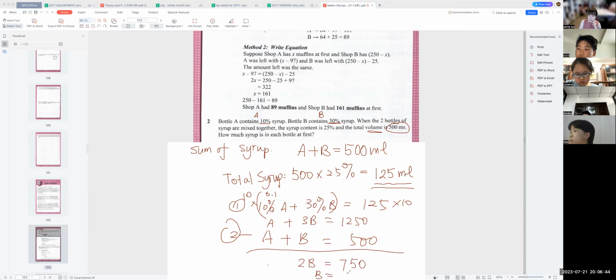So B equals 375. Okay, so A equals 500 minus 375 equals 125. Okay, a lot of students, when they get here, think, okay, I'm done.